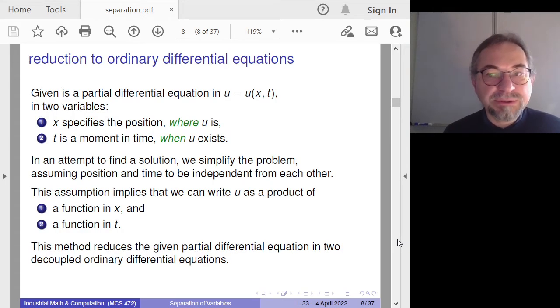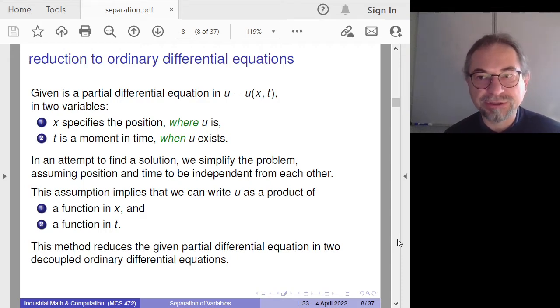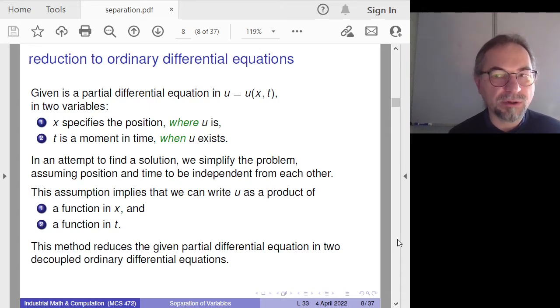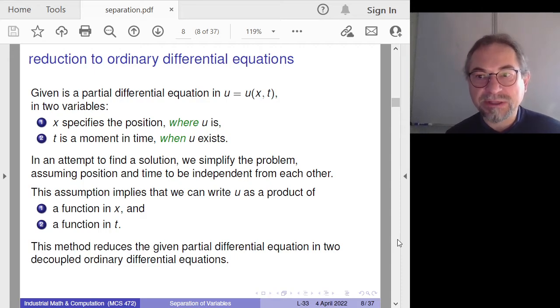Okay, so how do we reduce to ordinary differential equations? This method of separation of variables applies quite in general. So we always have space and time, where something is and when it is there.